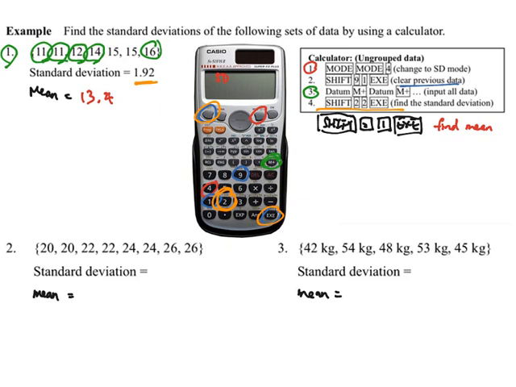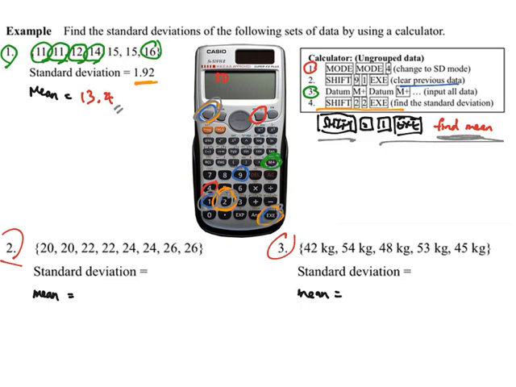For the mean, we press shift 2, 1, and then exe. Then you can find the mean is 13.4 something, so 3 significant figures. Now you can use 5 minutes to try to finish question 2 and question 3.